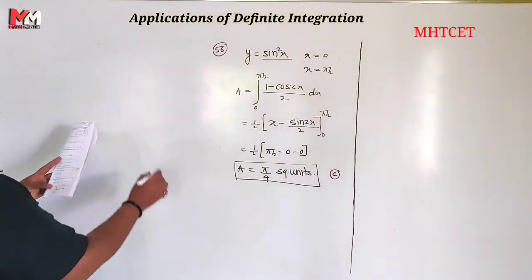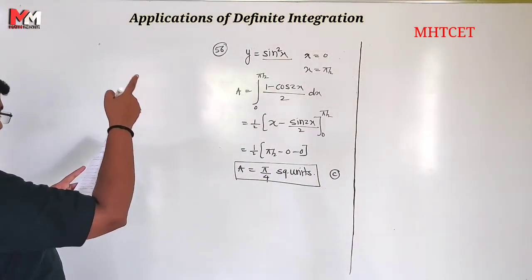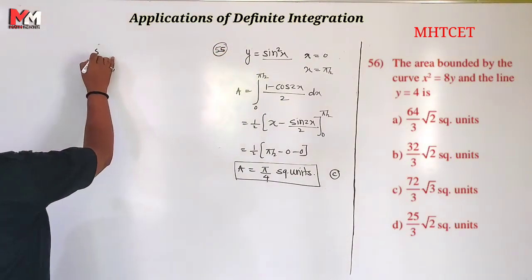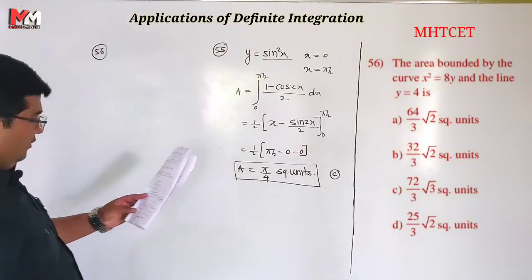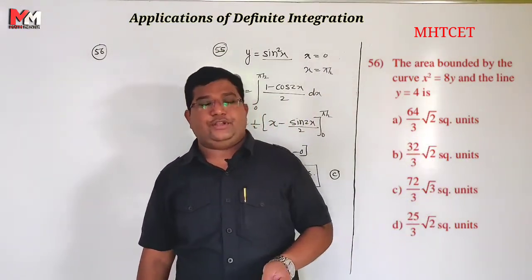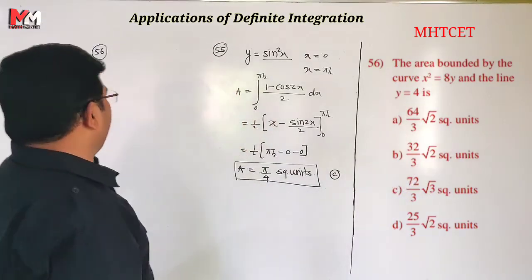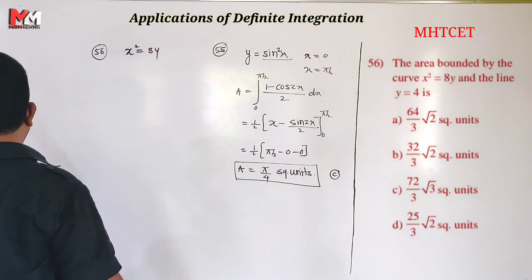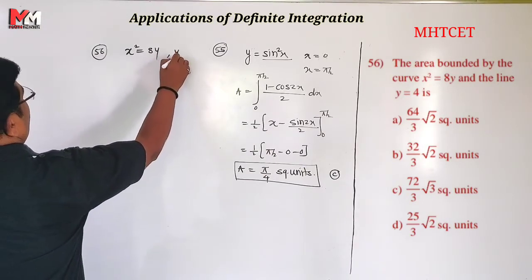Now 56. In MCQ number 56, the area bounded by the curve x square is equal to 8y. This is also a parabola, vertex at origin, and the line y is equal to 4.